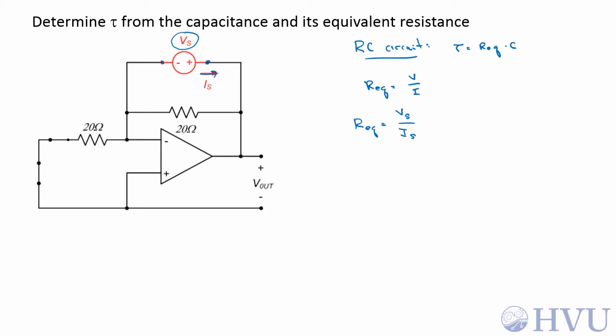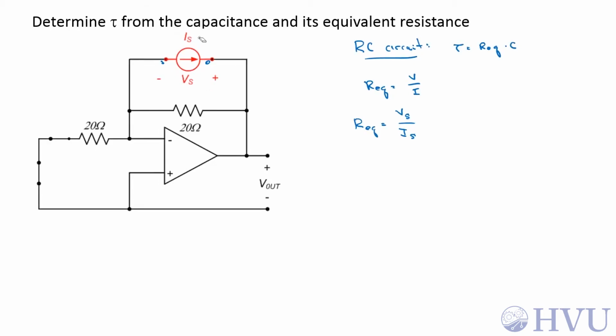I can also do exactly the opposite. I can put a little current source between these terminals, solve for the resulting voltage, and still apply this relationship. So I'm going to arbitrarily apply a 1 amp current here, solve for the voltage resulting from that, and then use this equation to calculate an equivalent resistance.